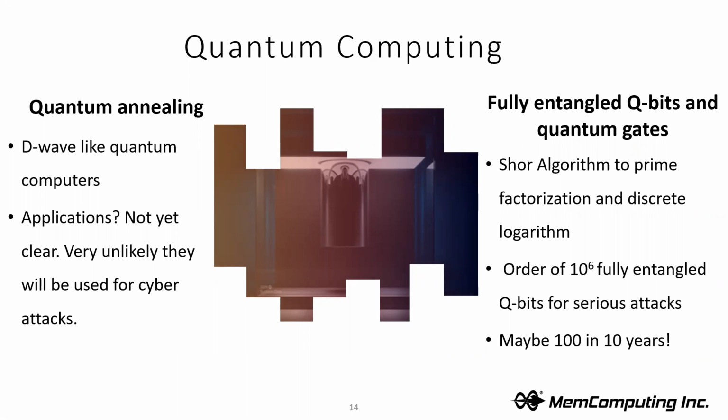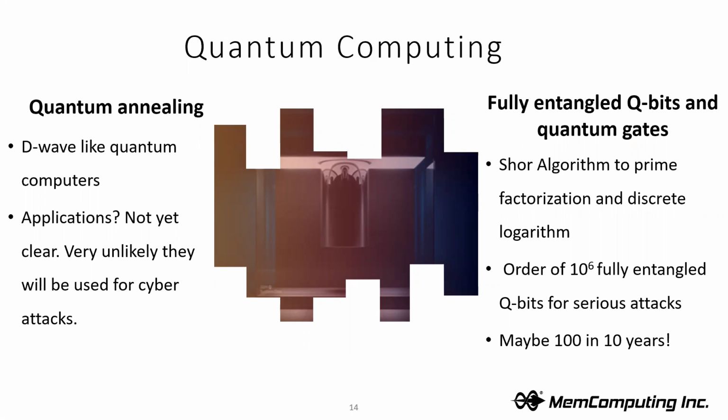And just to give an order of magnitude of how many qubits you need to really break a 1024-bit key, you are going to need on the order of 10 to the 6, millions of fully entangled qubits. Just to give an idea, in 10 years maybe IBM will arrive at 100 fully entangled qubits, if they are lucky, because qubits really do not double every year like transistors.